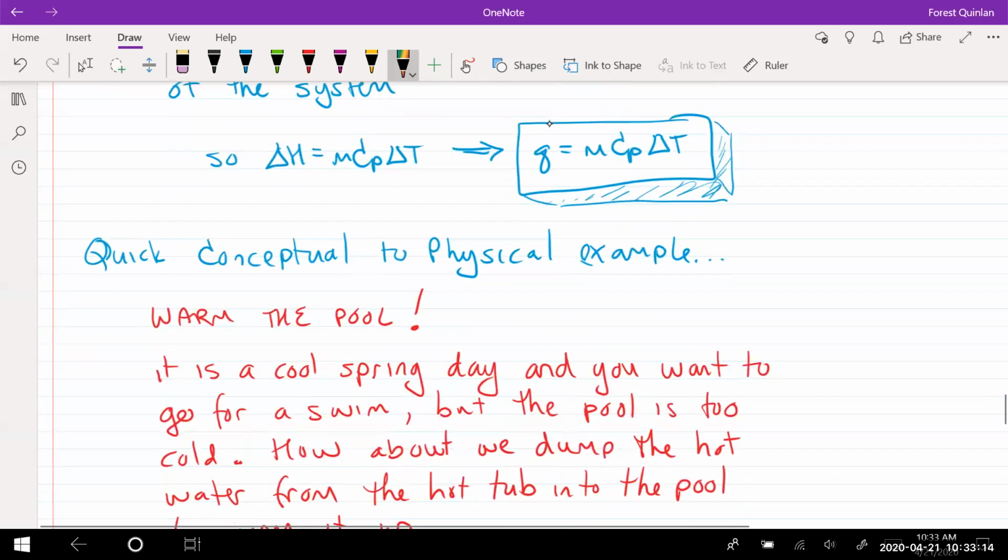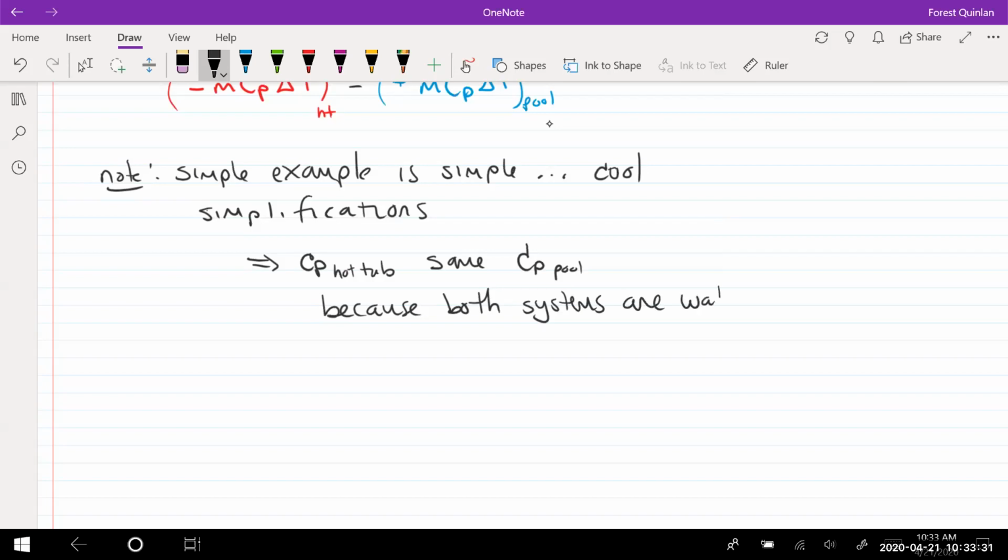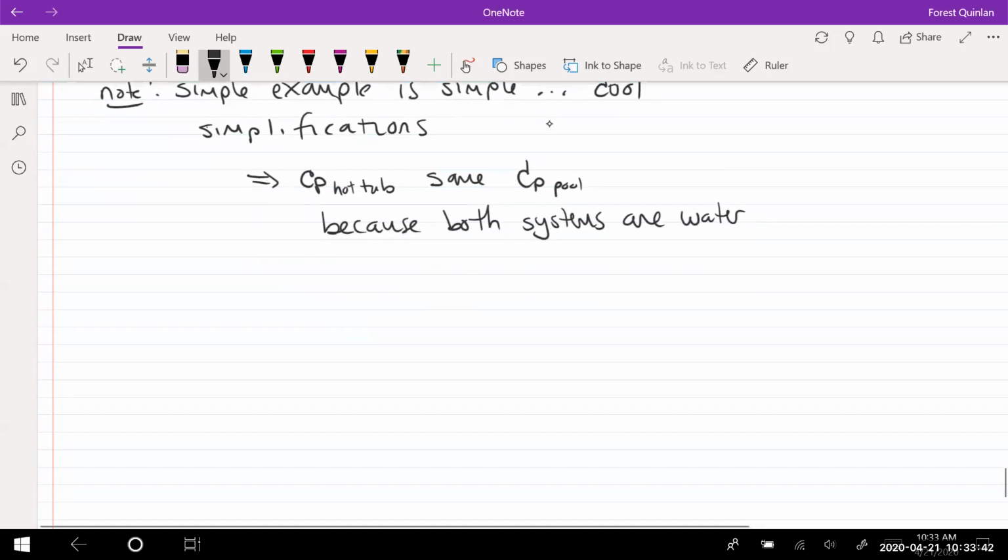But since both are water, guess what? They have the same capacity. Because both systems are water. You're looking at the heat capacity of the pool water and the heat capacity of the hot tub water. They're the same. So that's kind of cool.